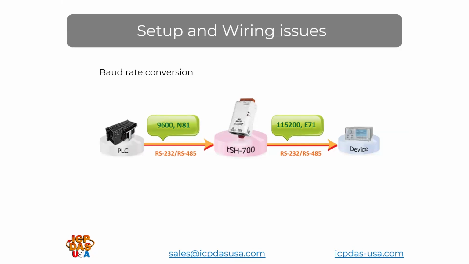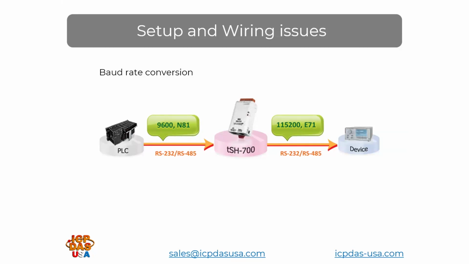outgoing port. With each of these COM ports within the TSH, you can assign a unique baud rate and parity option, so that on the left side, in this case, it would communicate 9600, 8, N, 1, and on the right side, it would convert to 115200, even, 7, and 1.